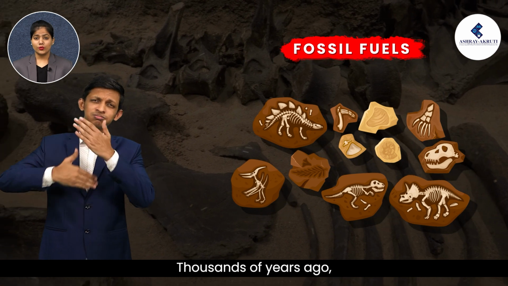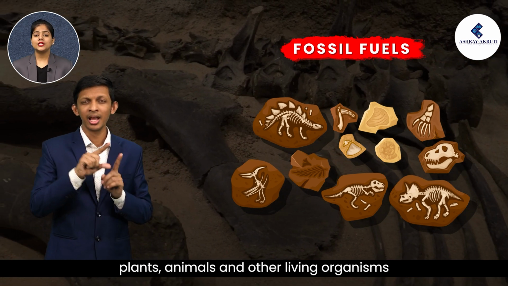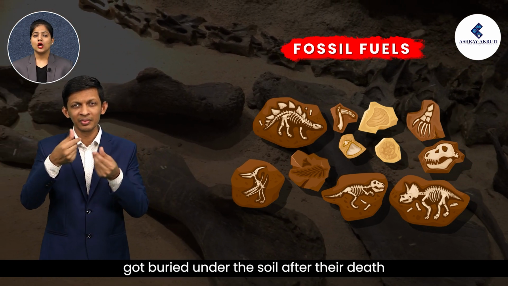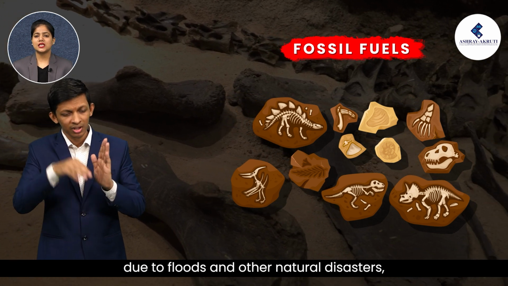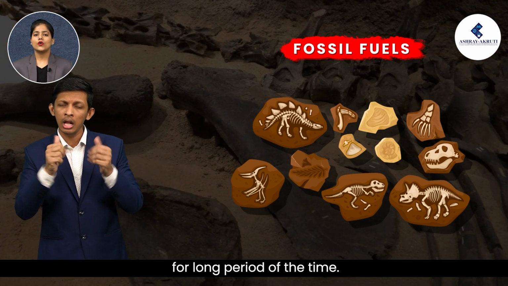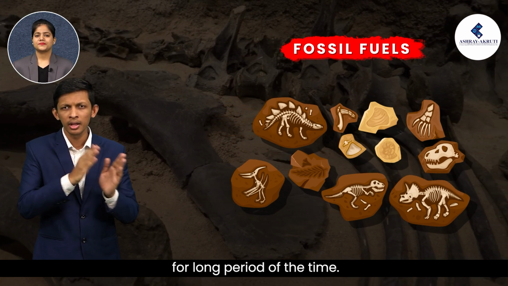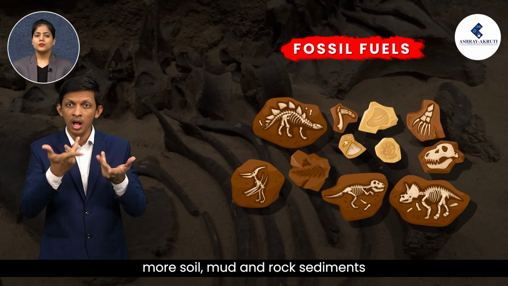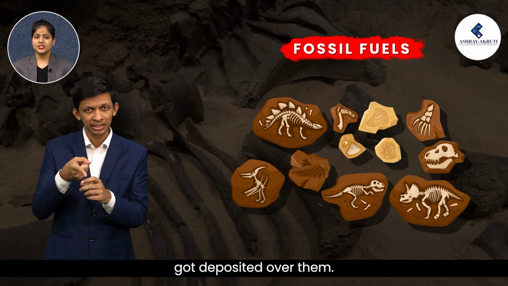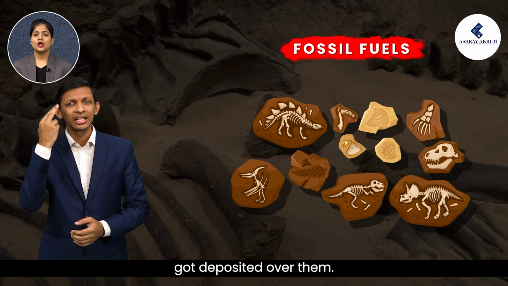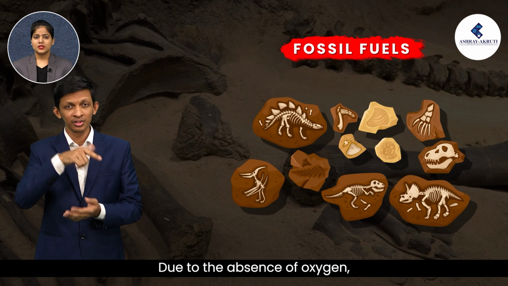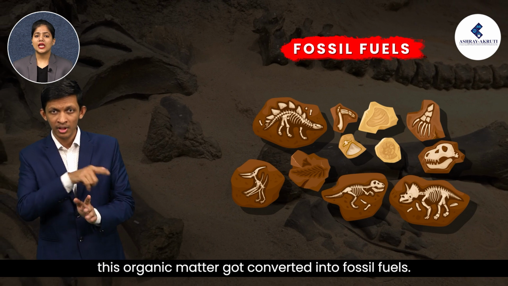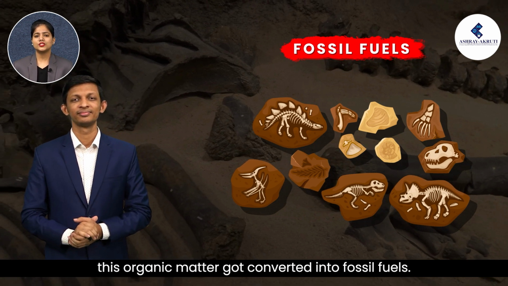Thousands of years ago, plants, animals and other living organisms got buried under the soil after their death due to floods and other natural disasters for a long period of time. Over the course of time, more soil, mud and rock sediments got deposited over them. Due to the absence of oxygen, high pressure, heat and the action of bacteria, this organic matter got converted into fossil fuels.